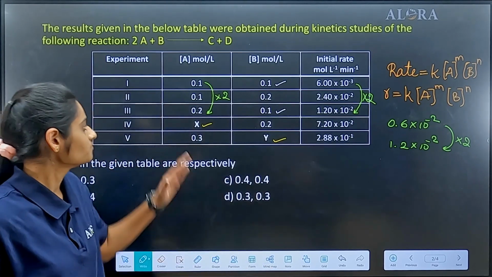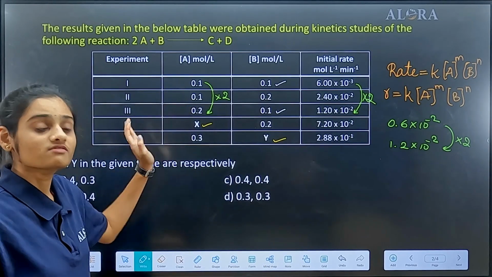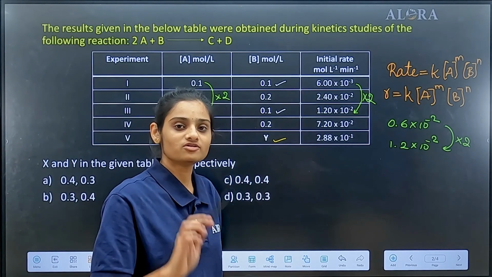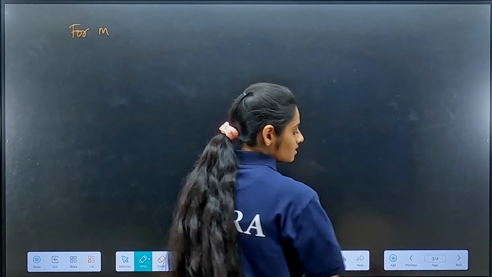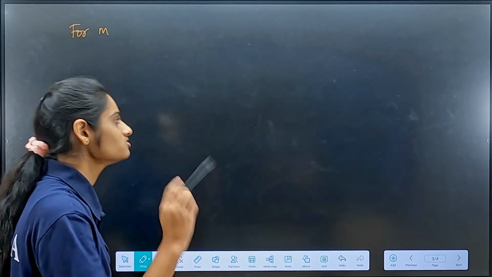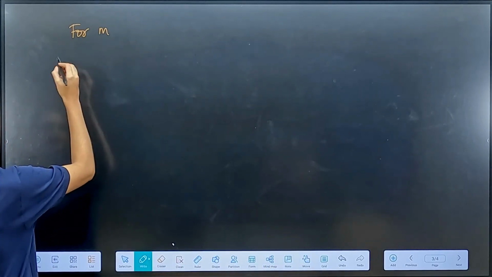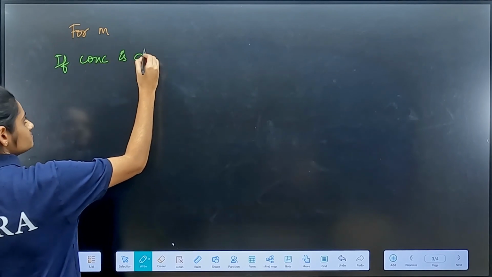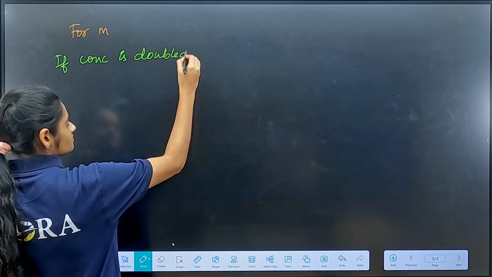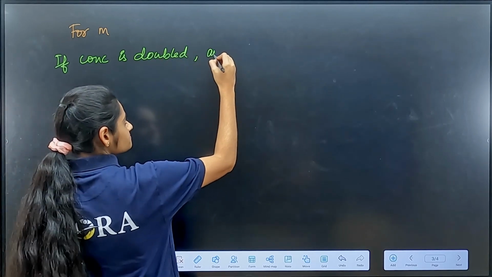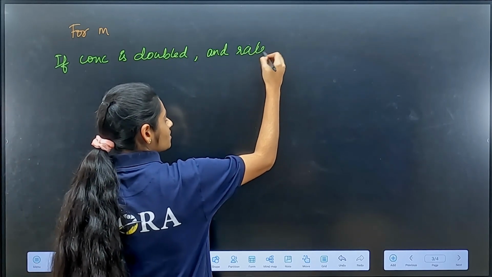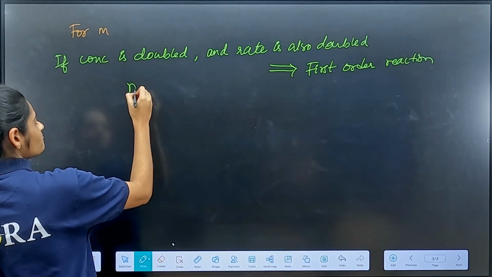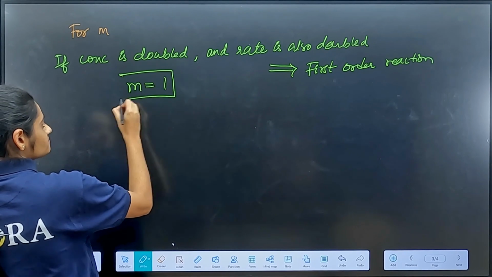So whenever the concentration is doubled and at the same time the rate is also doubled, then that reaction has order one. It will be a first order reaction. So for M, if the concentration is doubled and the rate is also doubled, what will be the value of M? So here M will be 1.